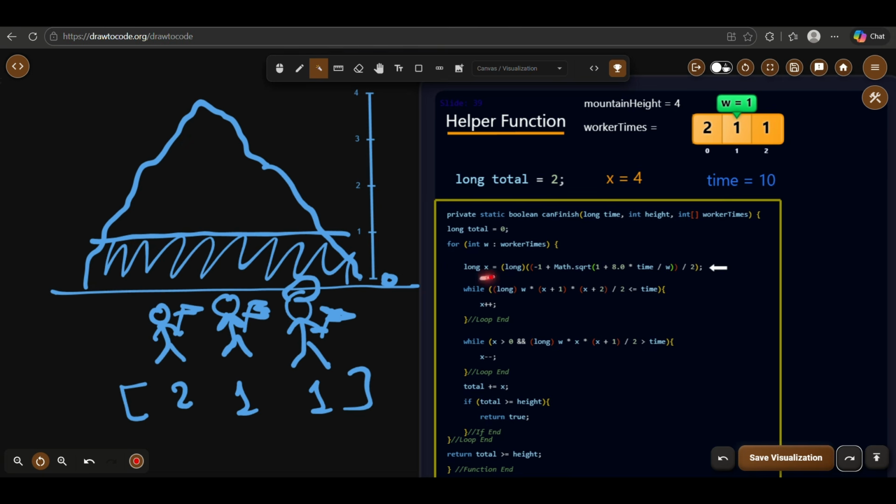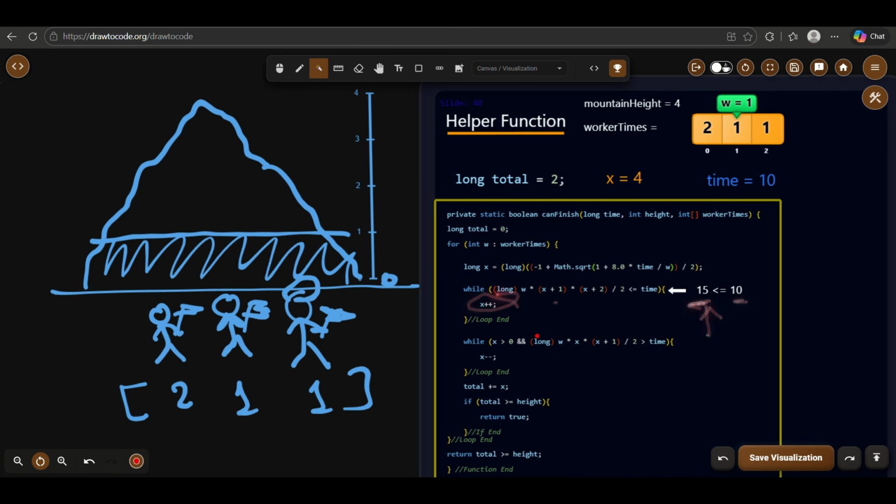How much can he chop? He can chop 4 units, as he is more efficient than the previous one. We will check whether he can chop more. If we increase x by 1, here it is 4, but if we increase it by 1, it would take 15 seconds. So 15 seconds is greater than 10.